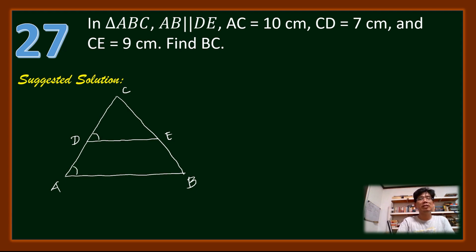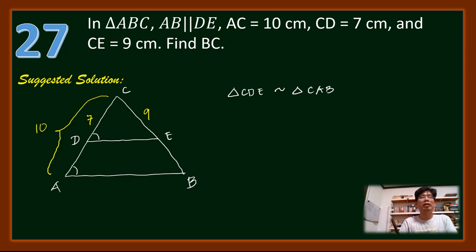Triangle CDE similar to triangle CAB. We are given that AC is equal to 10 centimeters. Also, CD is 7 centimeters. And CE is 9 centimeters.